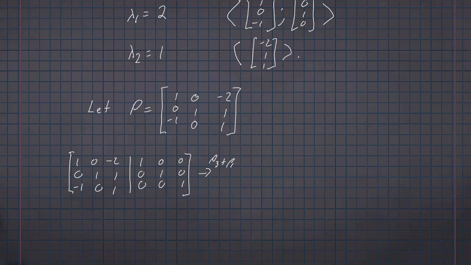First step, row 3 plus row 1 will very conveniently give us the first column behaving nicely.